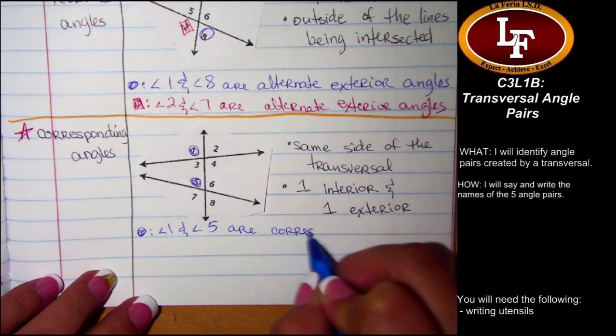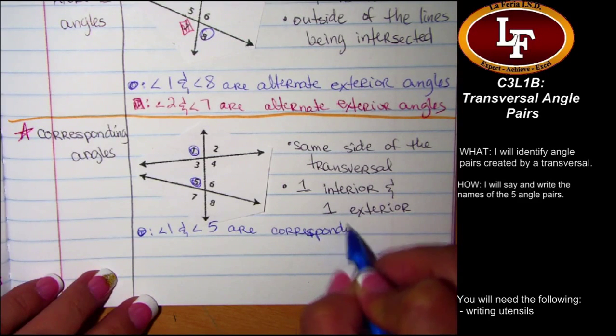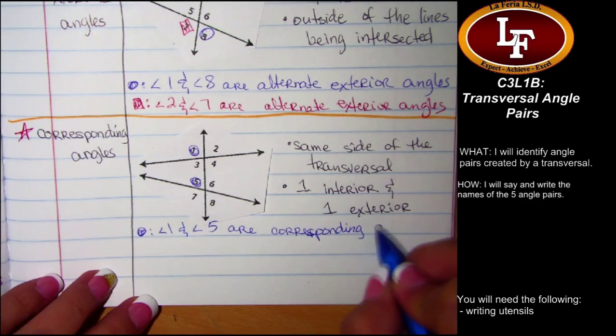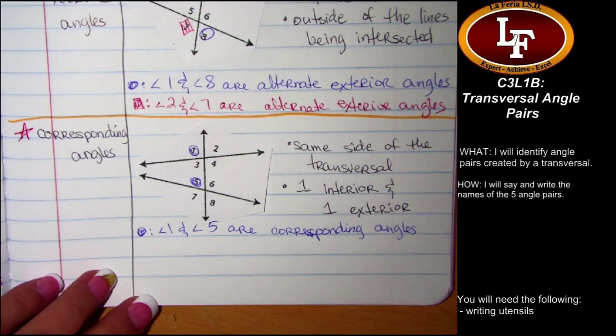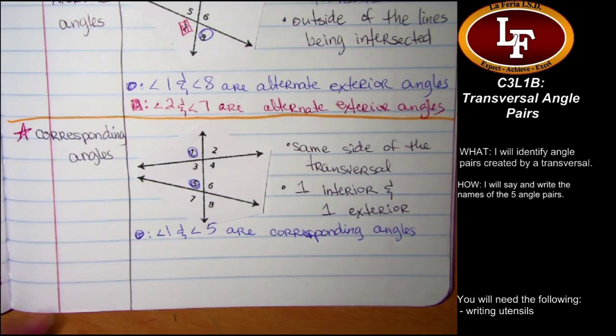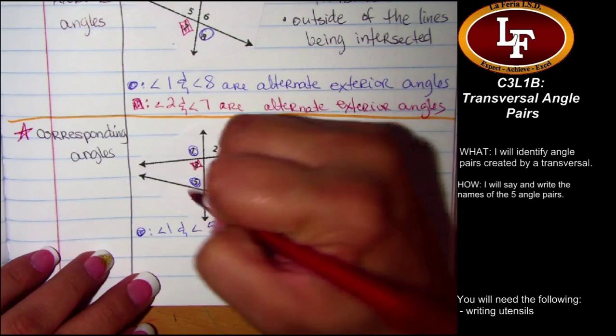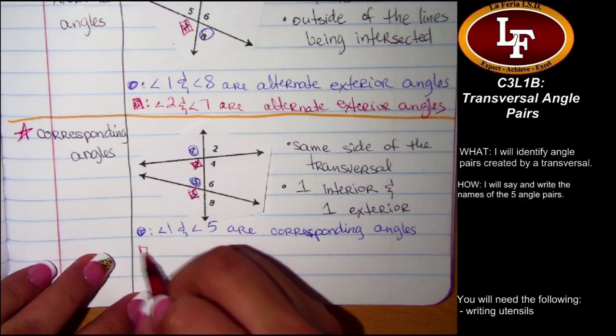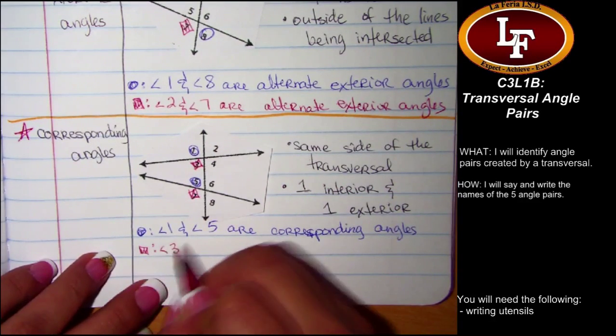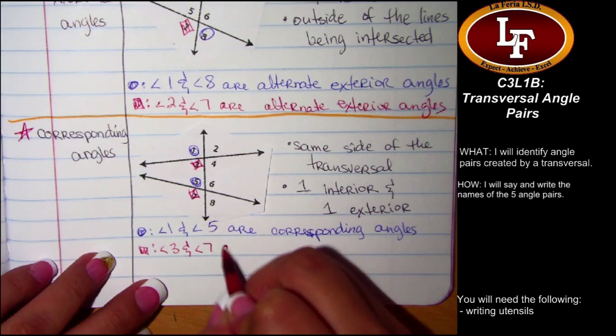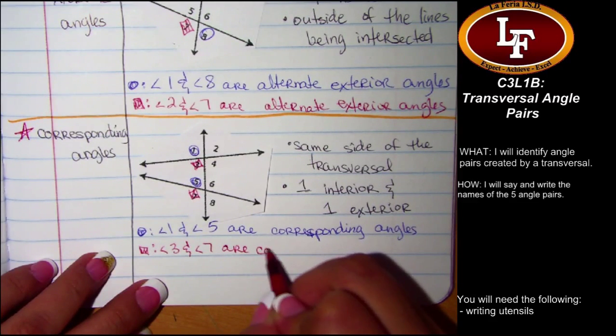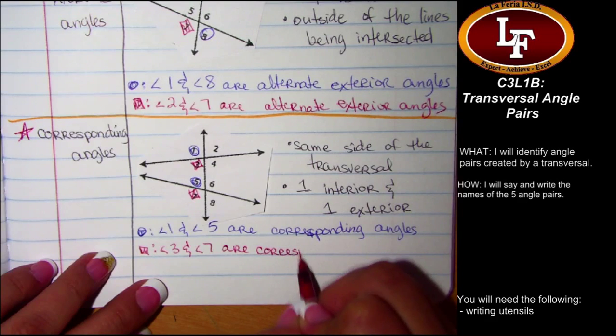What's another pair? 7 and 3, very nice. There are 2 other pairs in this figure that are corresponding angles. 2 and 6, he says.